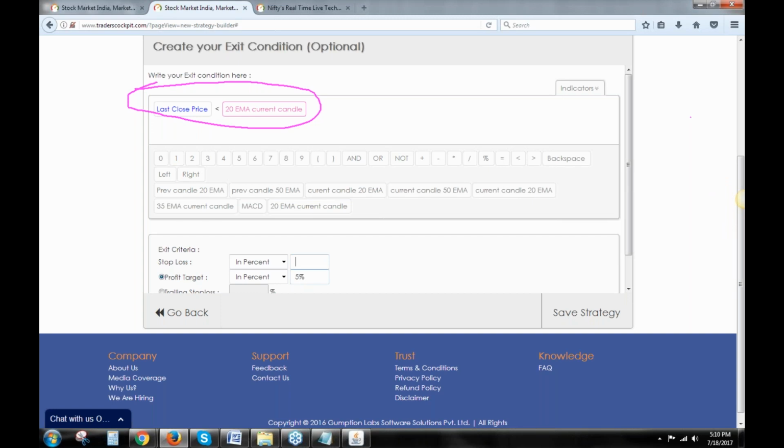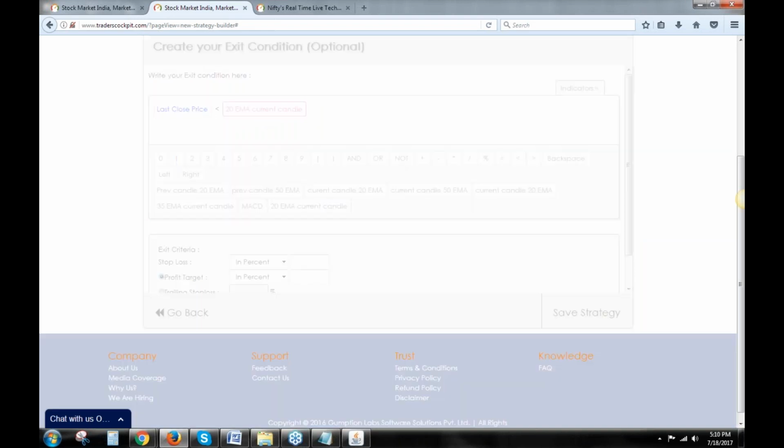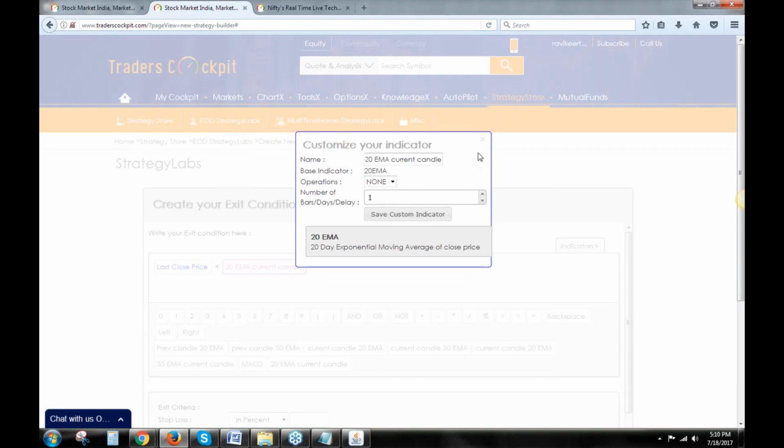Now since I put an exit condition here, I won't be putting any target or stop loss values. I'm just going to save the strategy then and there itself. Let's change: last closing price is less than 20 days price.